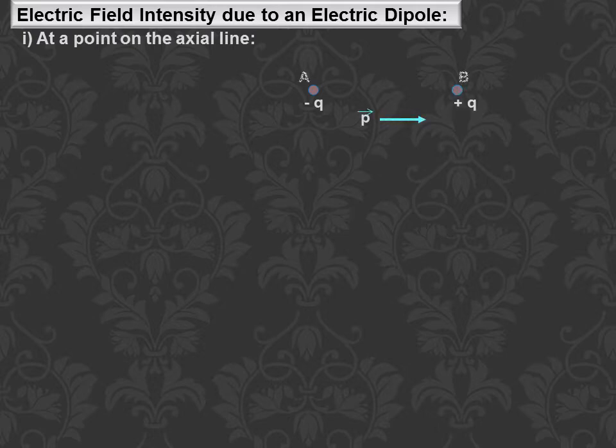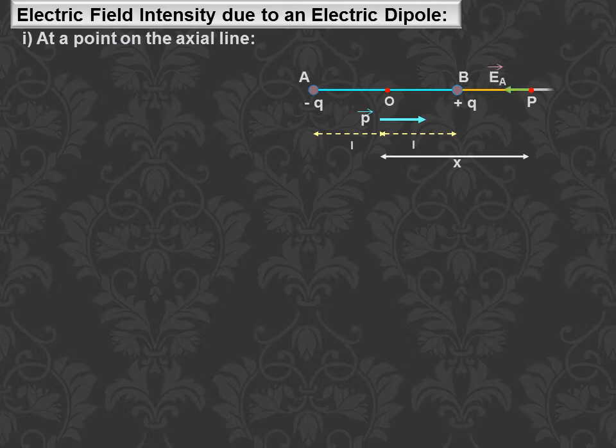Let us consider electric dipole, which is separated by a small distance 2L. A point P is taken, which is on the same line, on the same axis AB, and having the distance O to P taken as x.